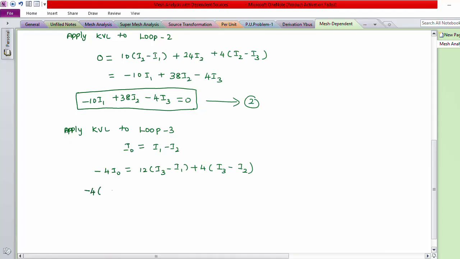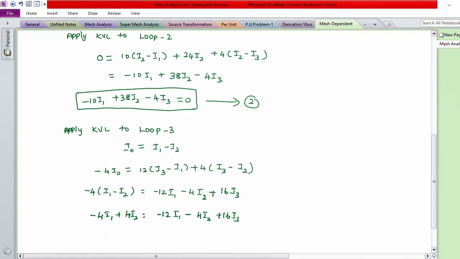Minus 4 into (I1 minus I2) equal to minus 12 I1 plus 12 I3 minus 4 I2 plus 4 I3, which is minus 12 I1 minus 4 I2 plus 16 I3.